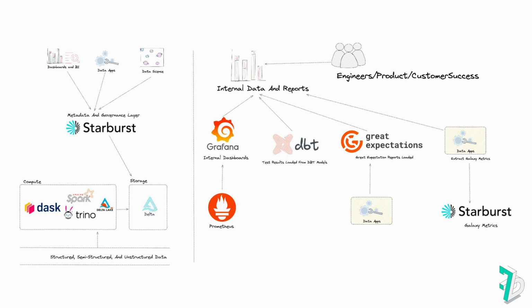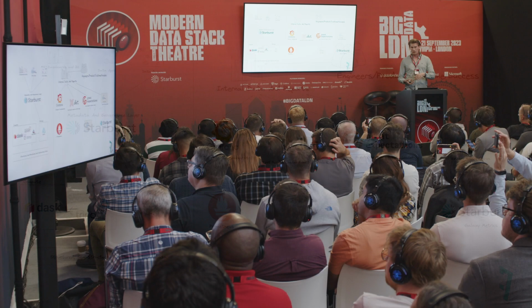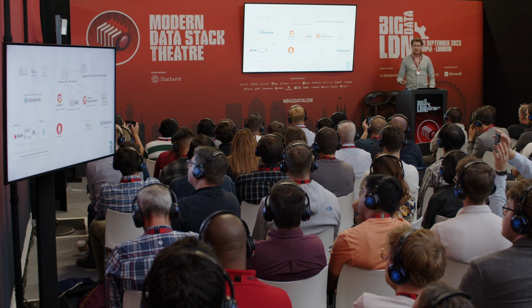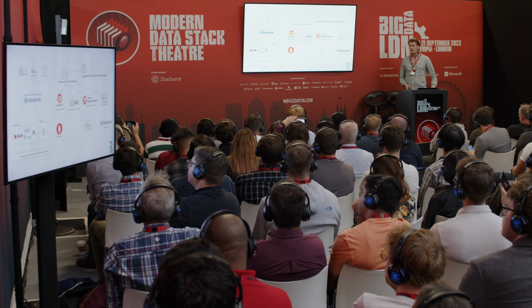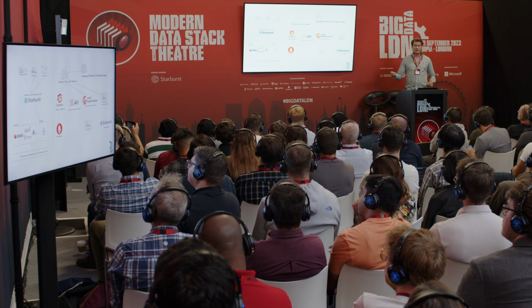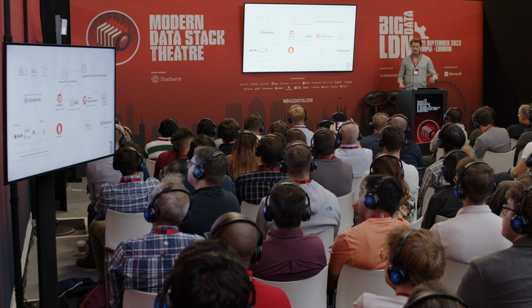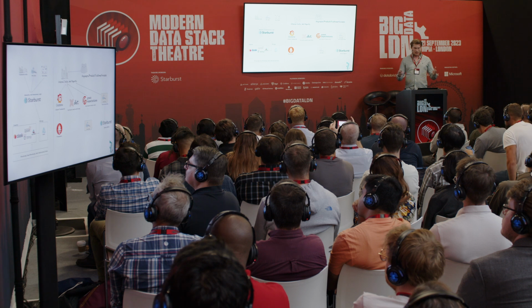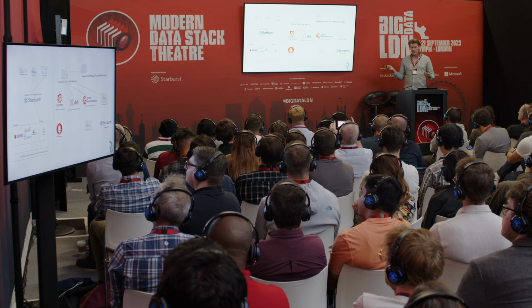We need to consolidate all these things due to the flexibility. The great thing with Starburst is they also have metrics around usage: who's using what tables, what's taking the longest query time, what fails out. So we can combine all these and have it in one place.